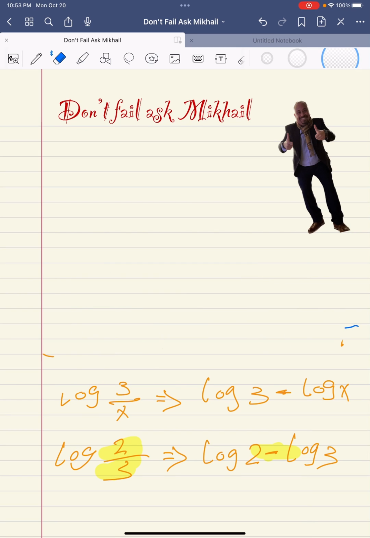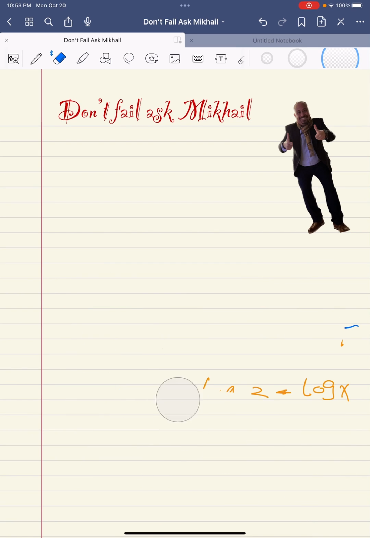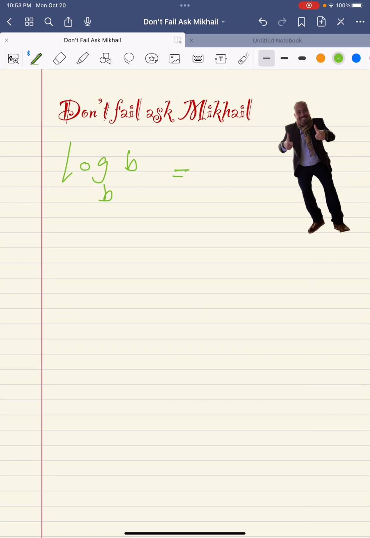Now, you have two other rules. The first one: when the base equals the argument, like log base b of b, that always equals 1. That makes sense, because if you convert this to exponential form, b to the power 1, if you follow the arrow, equals b.